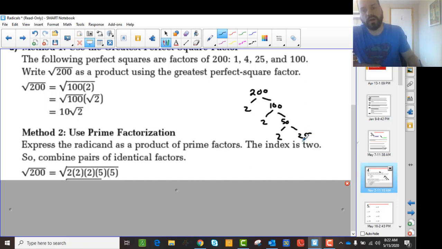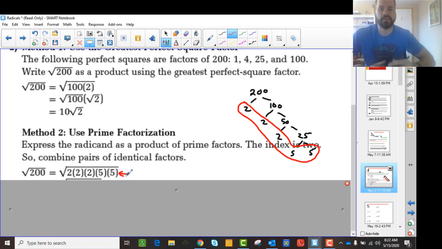And then we look at 25 and notice that it is 5 times 5. So the prime factorization is this: 2 times 2 times 5 times 5 times 5, which is where they're getting that from, okay, in case you're wondering what just happened.